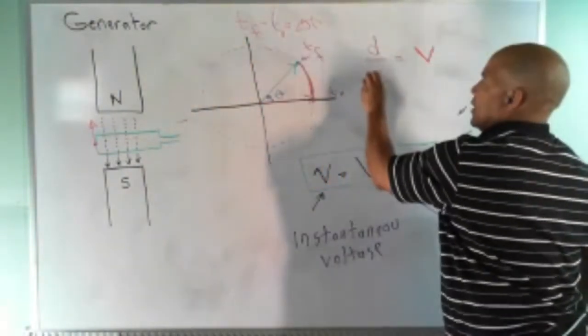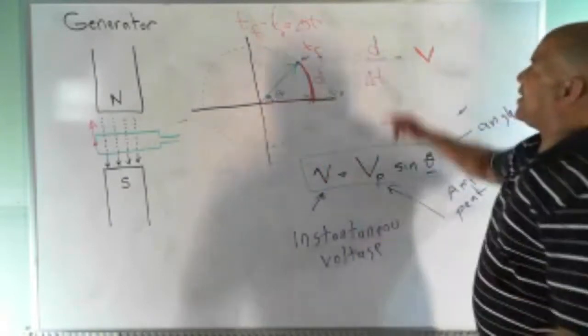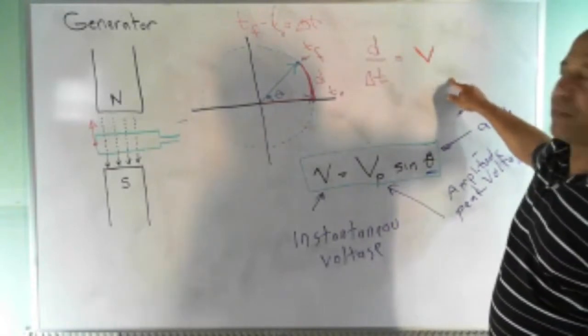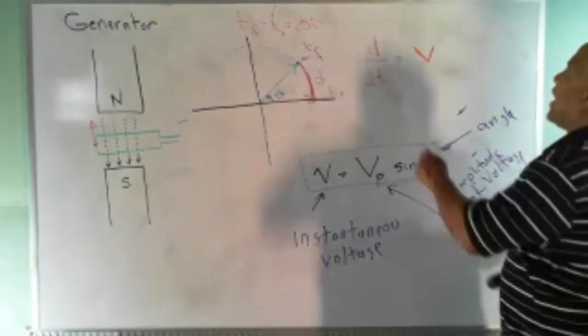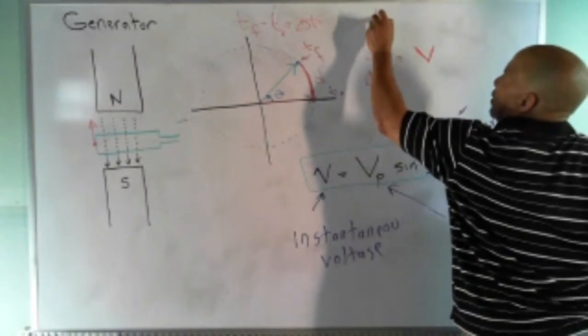I'll put a delta t there for you. And if I measure this distance right here, if I take the distance divided by the time, you get the speed or the velocity. But this is called the linear velocity.